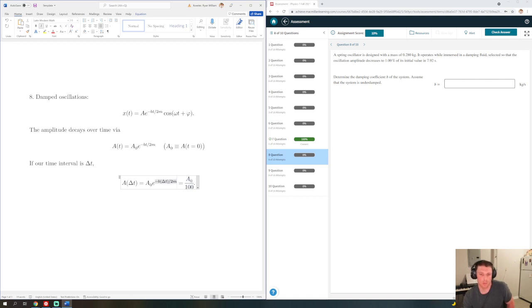We have everything that we need, right? This is one equation, one unknown, because you'll probably see that we can cancel the amplitudes, the A naughts. And so it doesn't really matter what A naught is. Does everybody feel okay about doing the math here? Because you have to do the natural log of both sides after you cancel the A naughts to get rid of the exponential, because we can't have that in there, right?